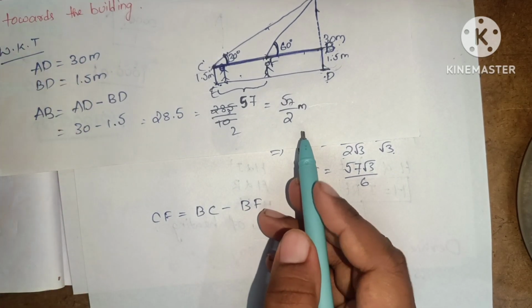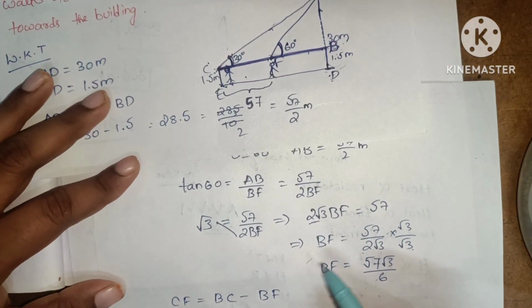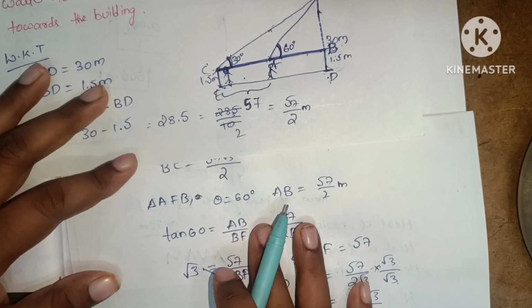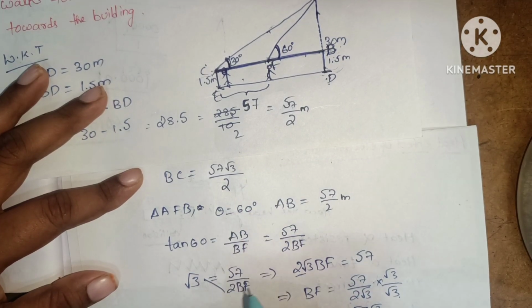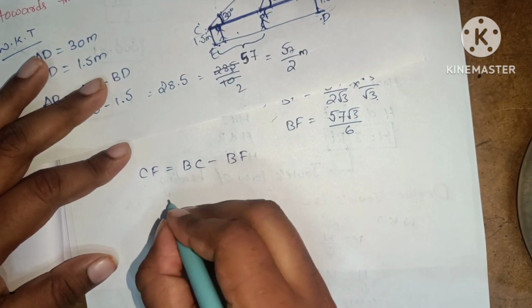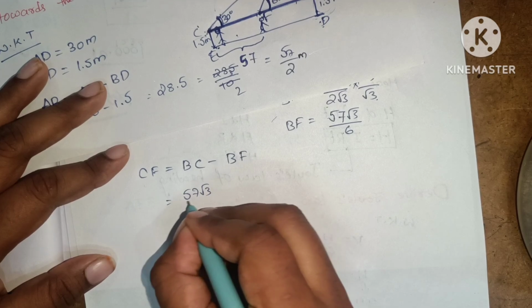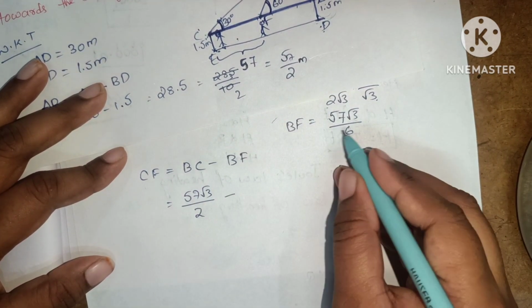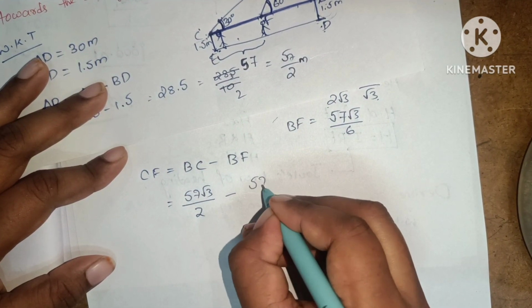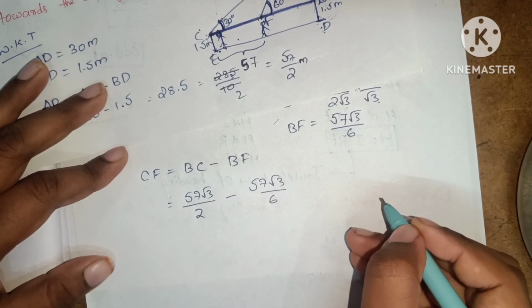So BC, how much did you get here? 57 root 3 by 2. Minus BF, how much did you get here? 57 root 3 by 6.